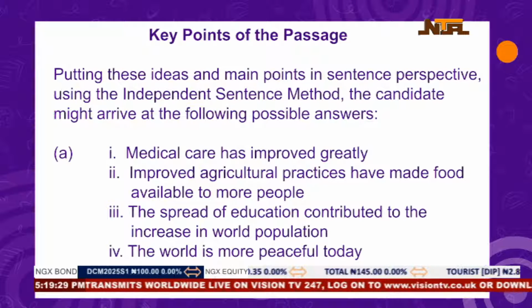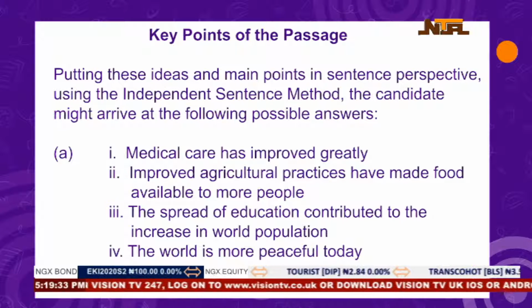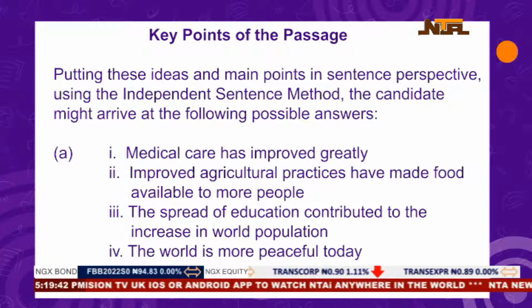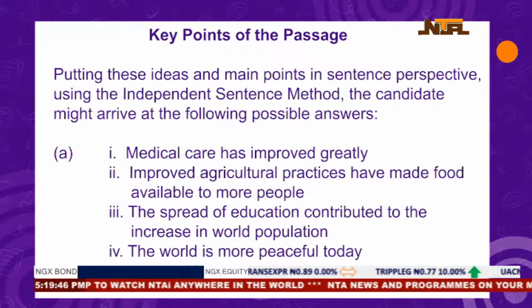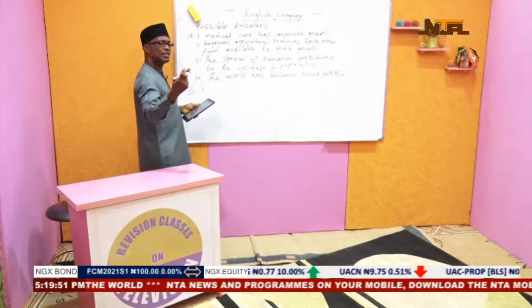From these sentences, you are not expected to carry illustrations. Remember, talking about the world becoming more peaceful, we never made references to the wars or to all the skirmishes. They are not important.